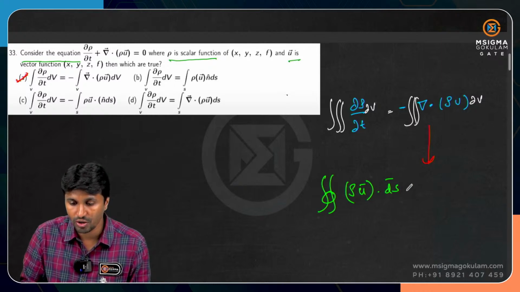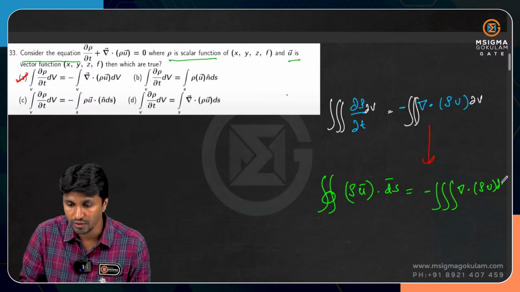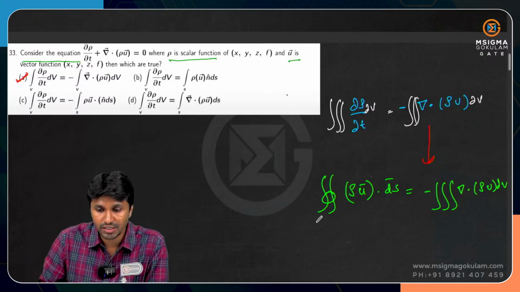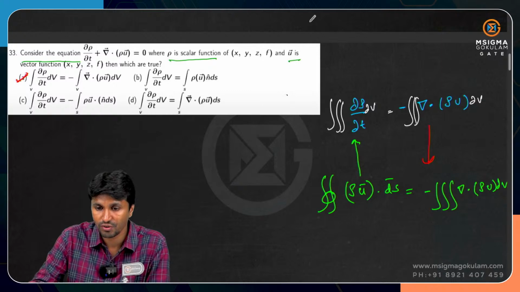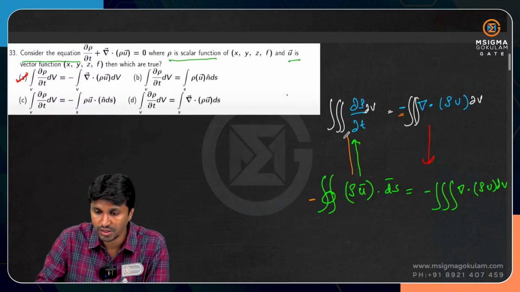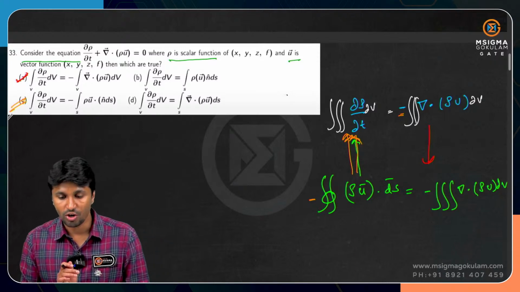The closed integral of rho u bar dot dS is equal to the triple integral of del dot rho u dv. Since this is equal to this term, this is also equal to this term. I will take the negative sign to this side, because you have a negative sign, obviously there should be a negative sign here. So these two terms should also be equal, and option C is also correct.